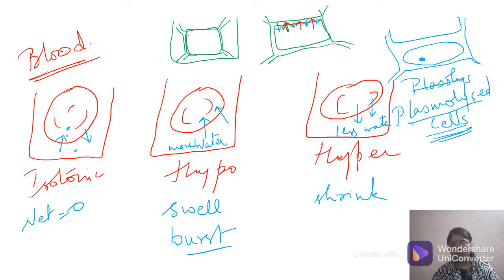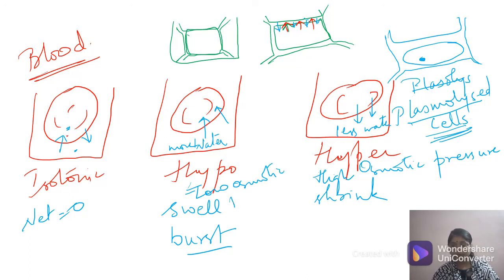Here remember one thing: solutions which are hypertonic have a high osmotic pressure, and solutions which are hypotonic have a low osmotic pressure. Less pressure will be applied in this case, and more pressure will be applied in this case to prevent entry of water.